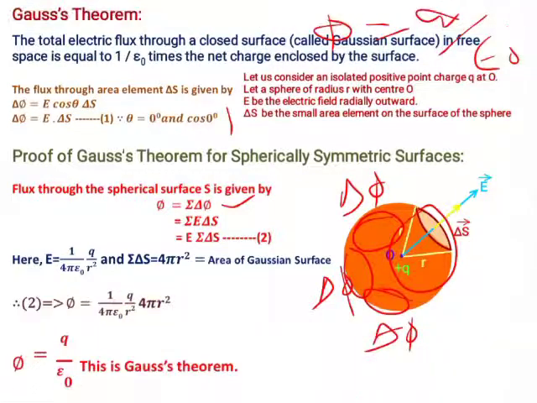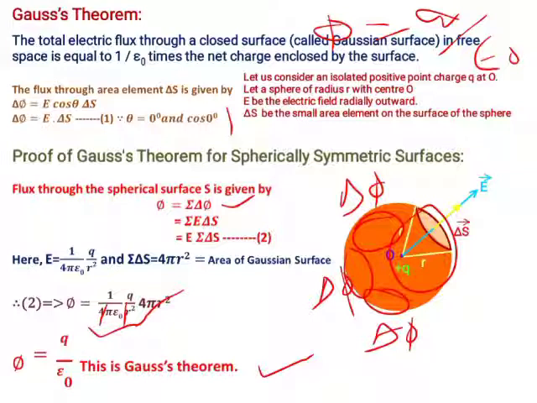Which quantities get cancelled? This 4 pi and this r square, these two get cancelled. What is remaining? Q divided by epsilon naught. Therefore, phi is equal to q divided by epsilon naught.